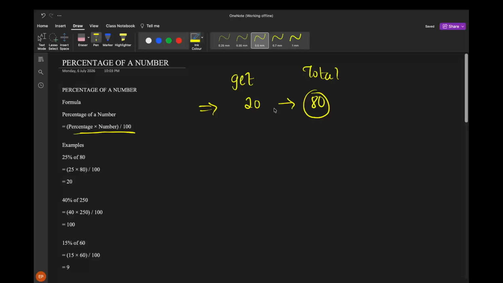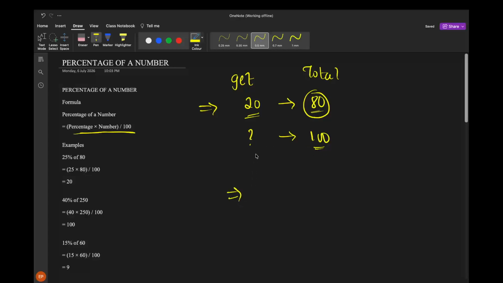I got 20 out of 80. I am asking how much percent I scored, that is, for a total of 100 marks, how much I am scoring. I scored 20 marks for 80. How much can I score for 100?